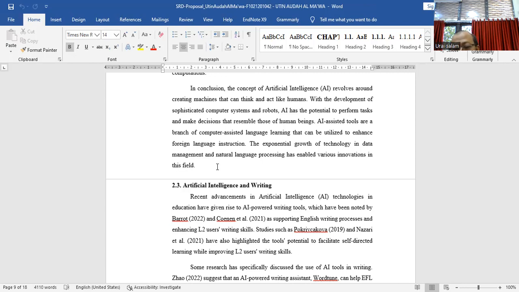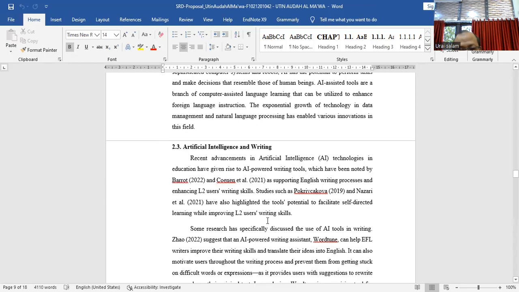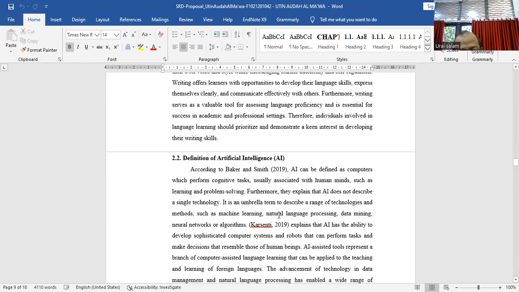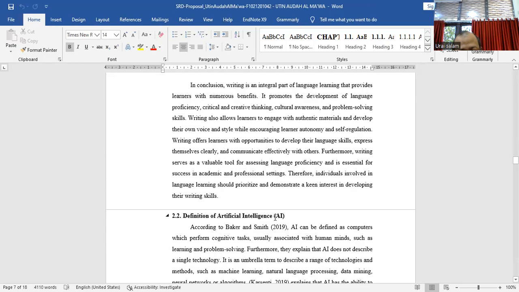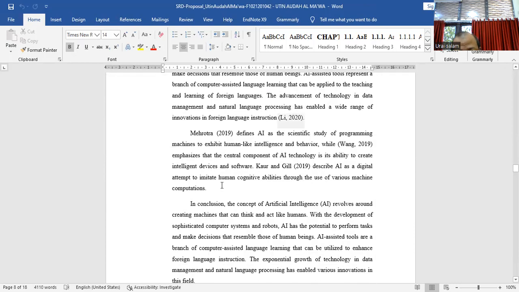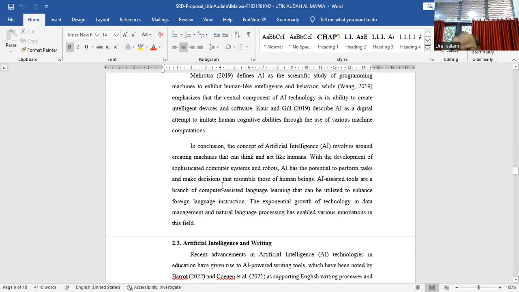It is hard to find technology being published in Indonesian classrooms. So in your literature review, you discuss that one, to present the scenario of artificial intelligence development in helping writing.